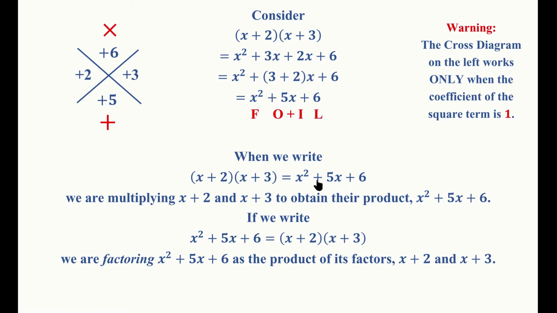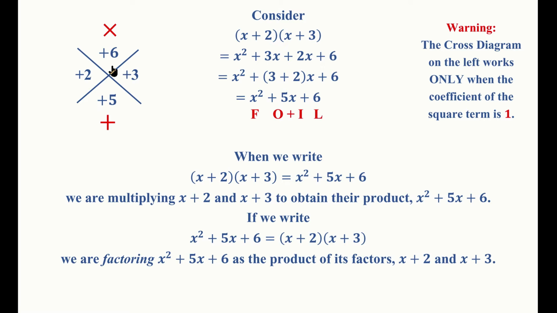So one way of approaching this is by making what we call the big X, and we're going to be looking for two numbers whose product is 6, this last number, but their sum also needs to be the coefficient of that middle term.